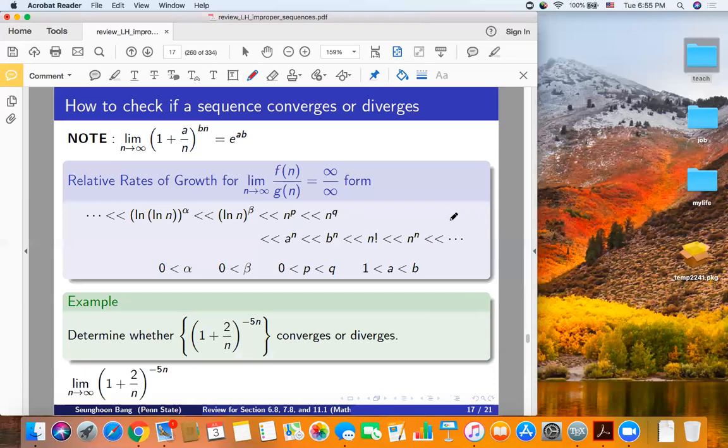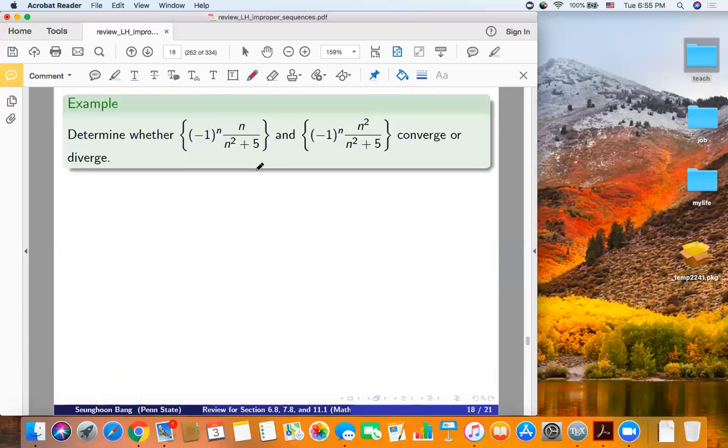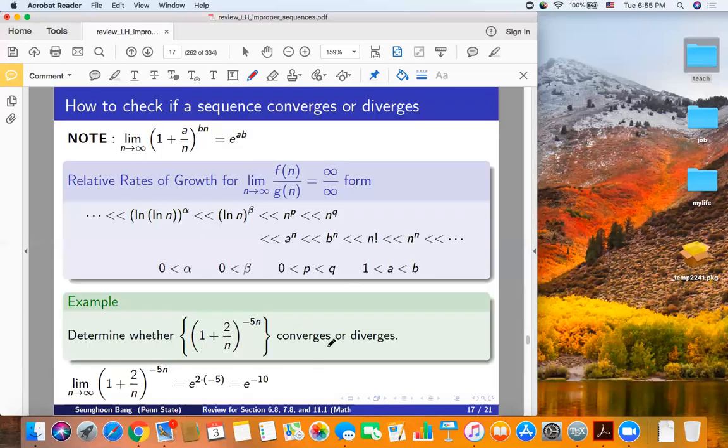You can take the limit of the sequence. In this case, the 2 equals a and the minus 5 is like b. Exactly, e to the 2 times minus 5 is e to the negative 10. We have a finite number. This is convergence. The answer is it converges to e to the negative 10.